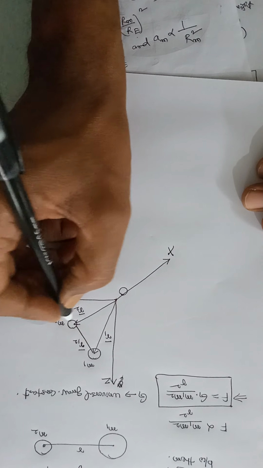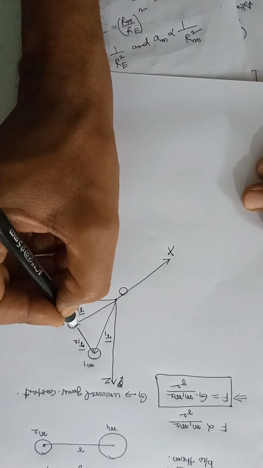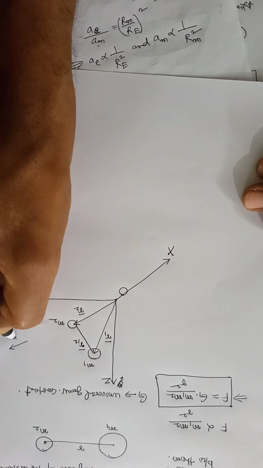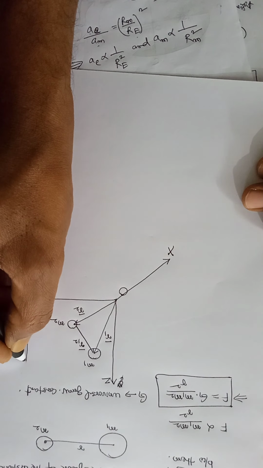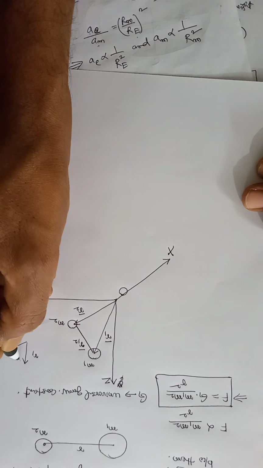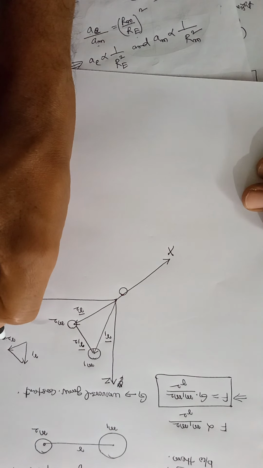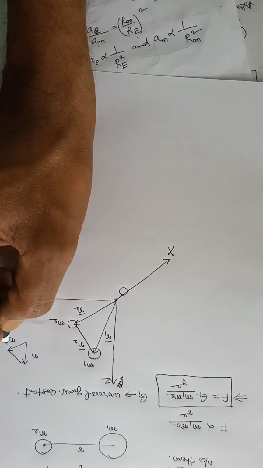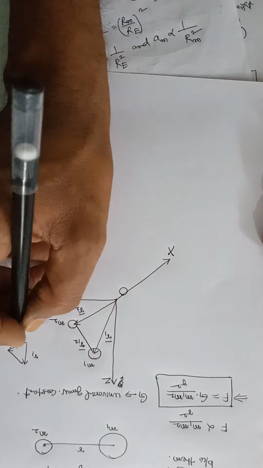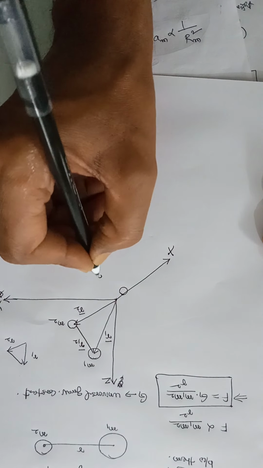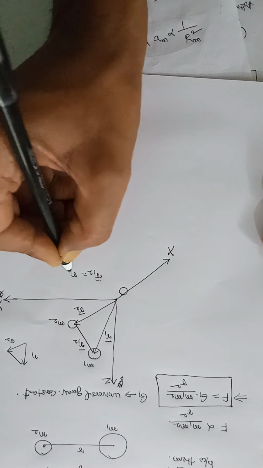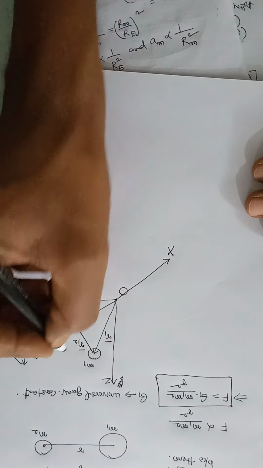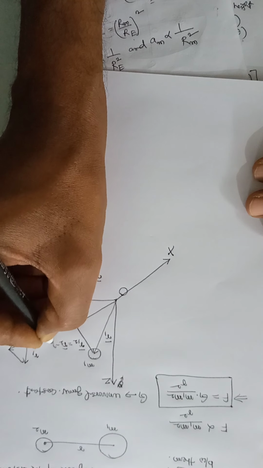See here, in which direction must this be shown? This is r2, this is r1. Actually, r12 is defined as r2 minus r1.